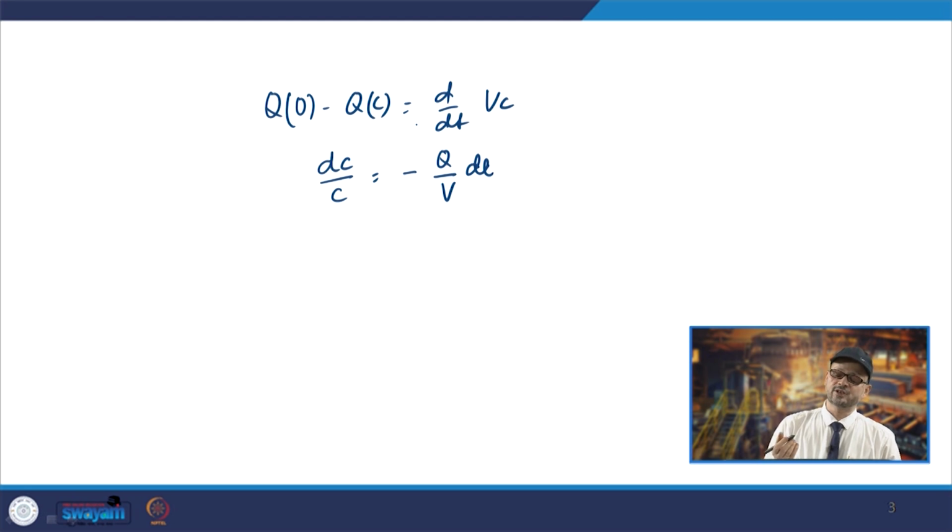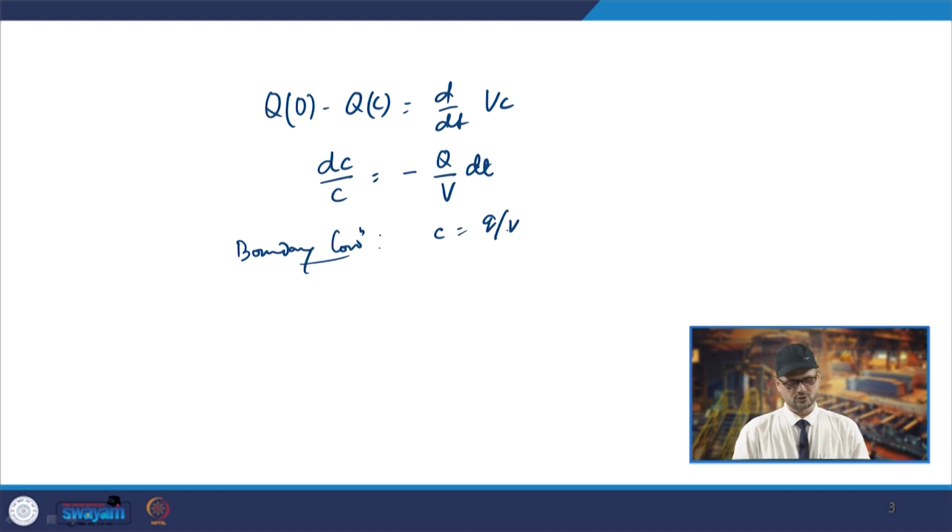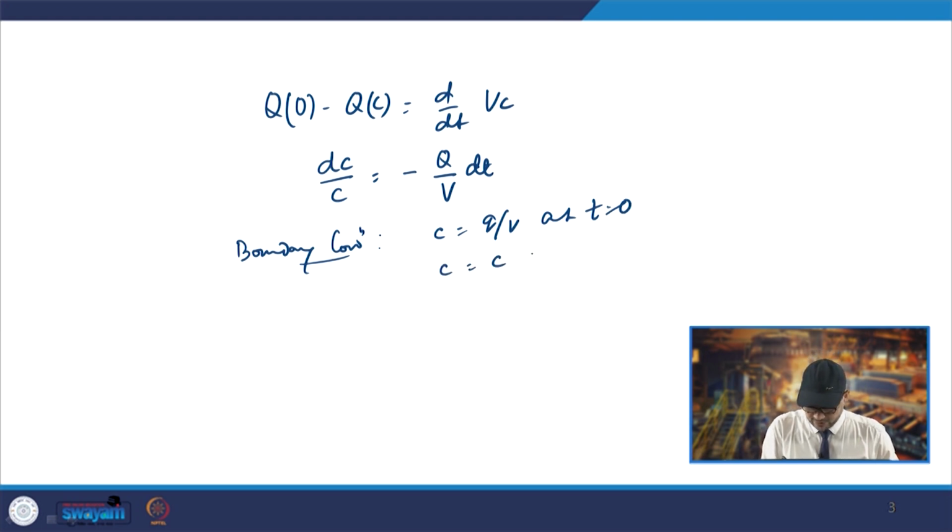Suppose you give the boundary condition that c equals c0 at t equal to 0, and c equals c at t equal to t.